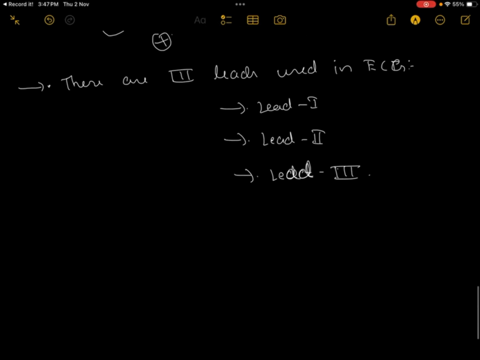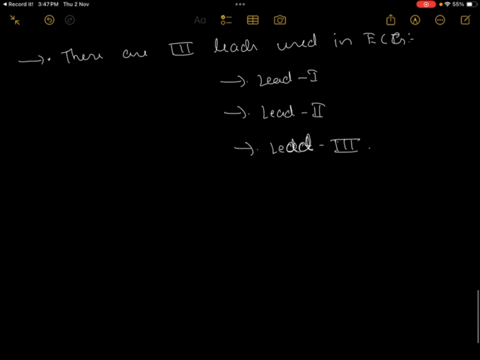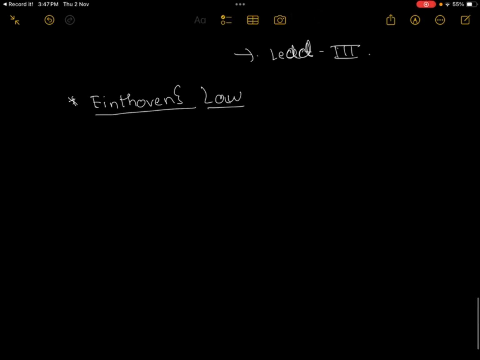There is a universal law by which we can measure the potential of the heart, called Einthoven's law. This is one of the most important laws used in interpretation. If you take all 3 leads in a triangle, this is lead 1, this is lead 2, and this is lead 3.